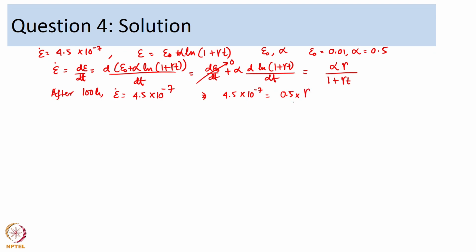We do not know gamma. So, 0.5 into gamma divided by 1 plus gamma into 100 hours. 1 hour is 3600 seconds, so 100 hours is 100 into 3600 seconds.